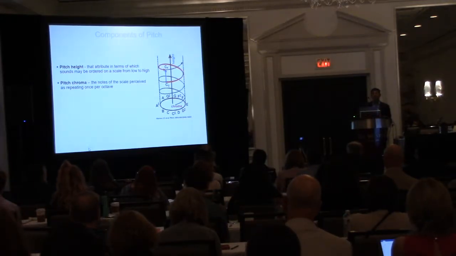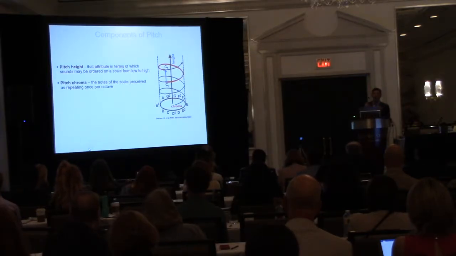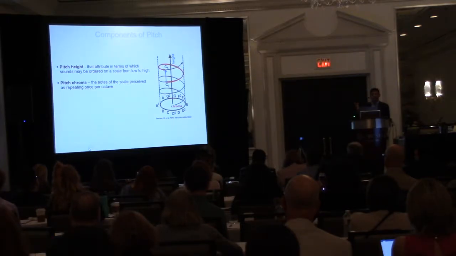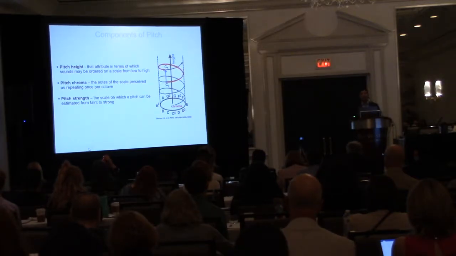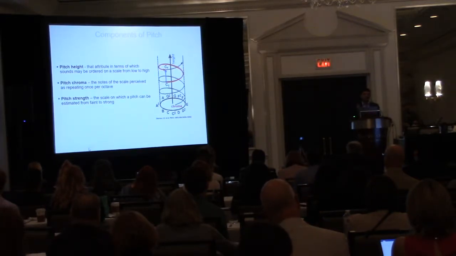But then there is the pitch chroma. This is that attribute of pitch along which the notes of a musical scale tend to repeat every octave. And then there's a third component, which is the pitch strength. And that is sort of the degree of tonality in a sound. How strong is the pitch sensation?